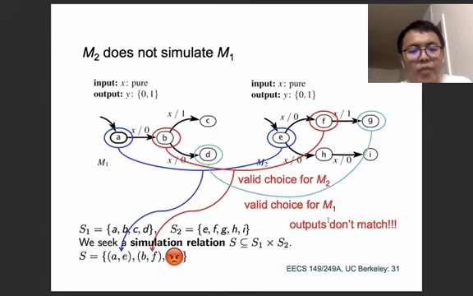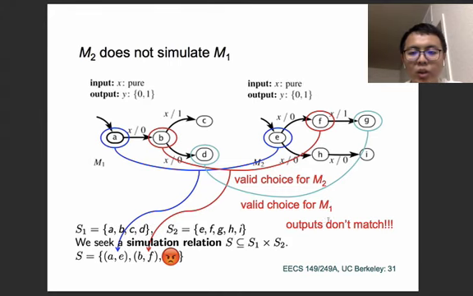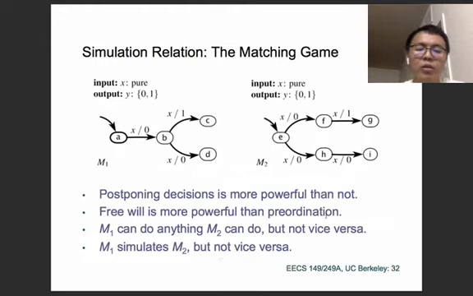So this kind of matching game will give us the idea of whether one state machine simulates another one. If one state machine does not follow the movement of another state machine, that means it does not simulate the other one. And here we can draw some conclusions about this simulation relation.